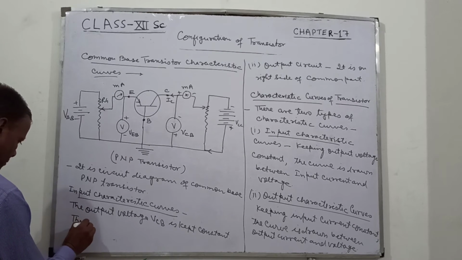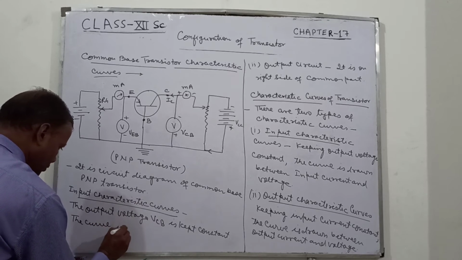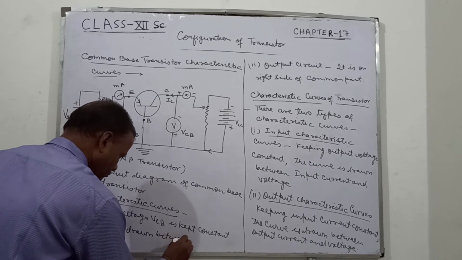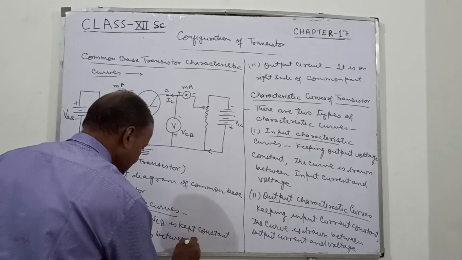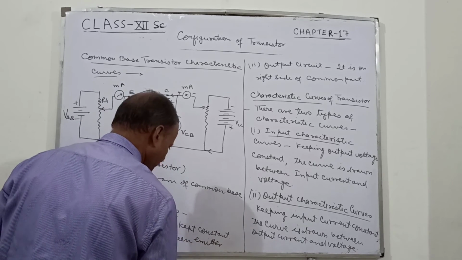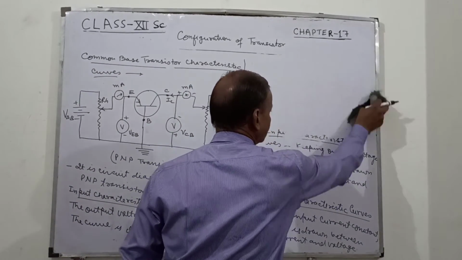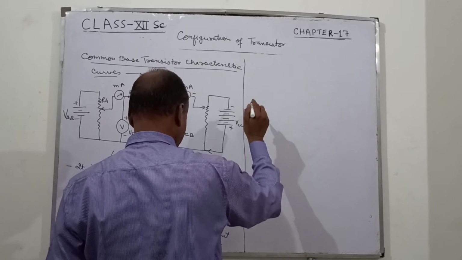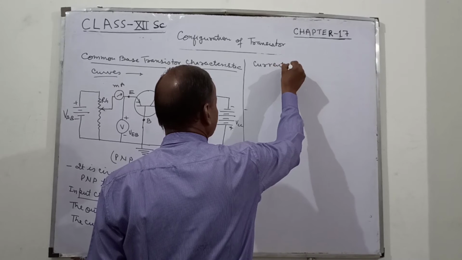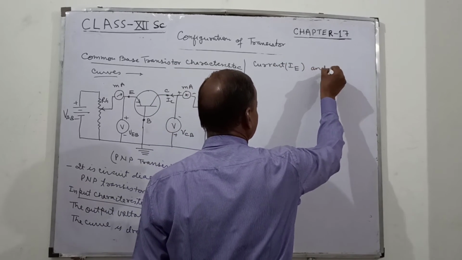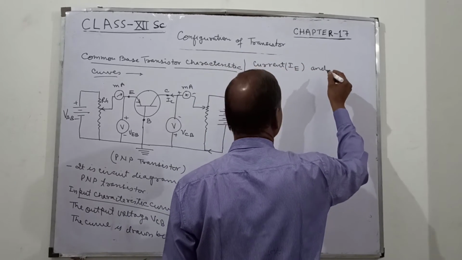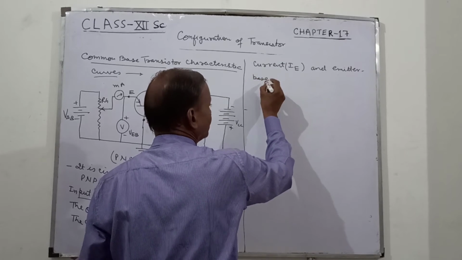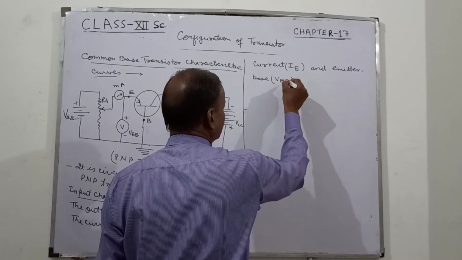The curve is drawn between the emitter current IE and the emitter base voltage VEB.